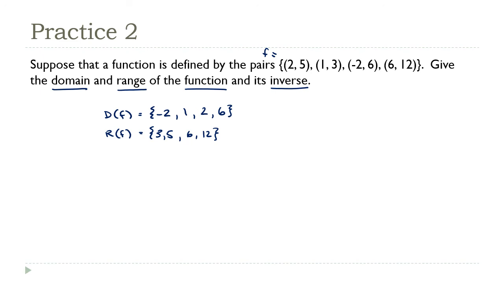So the domain of f is equal to the range of f inverse. And the reverse is true. The y values for the original function became the x values for the inverse. So the range of f is equal to the domain of f inverse. Right now we're just kind of switching the x's and y's wholesale, as it were.